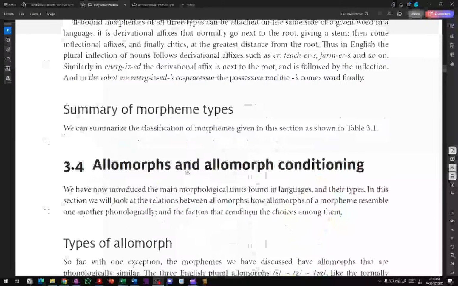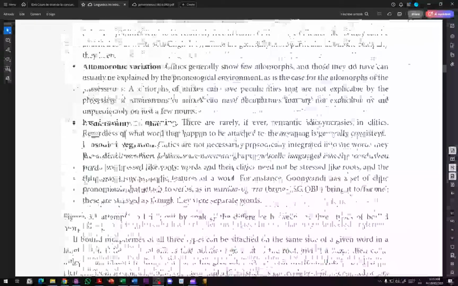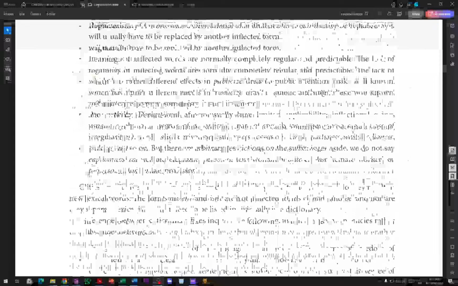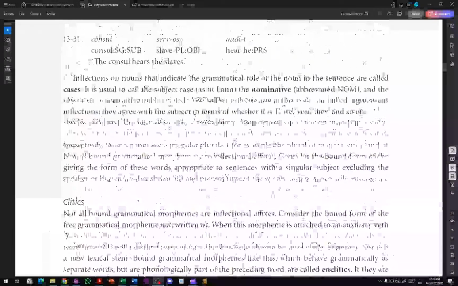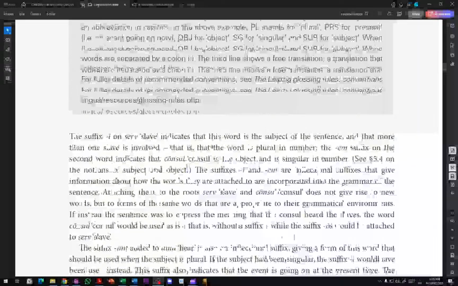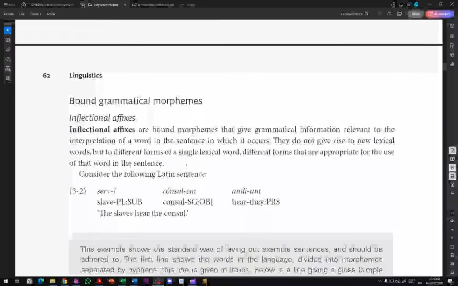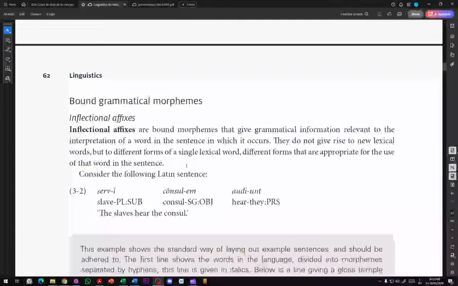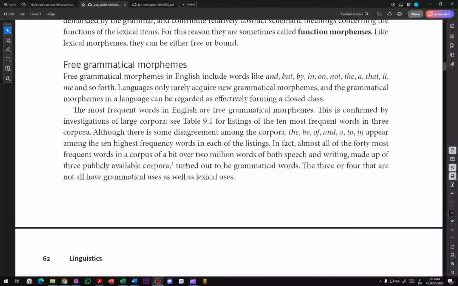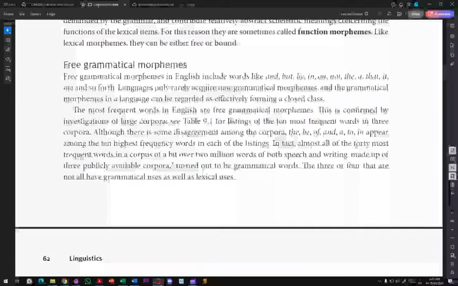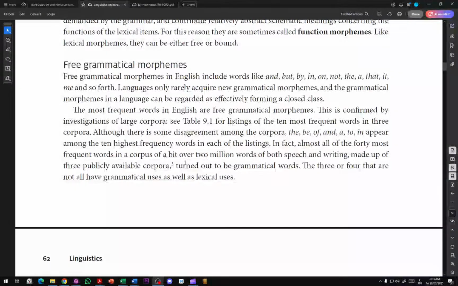Wait. Grammatical words? What would they be named? Free grammatical morphemes. Okay.